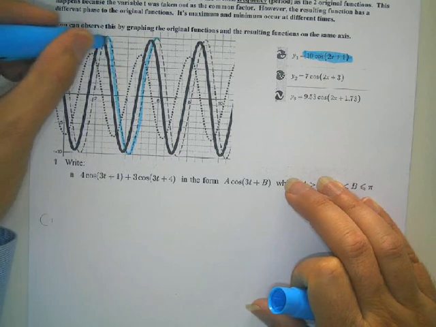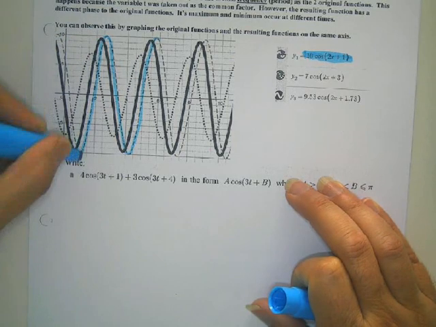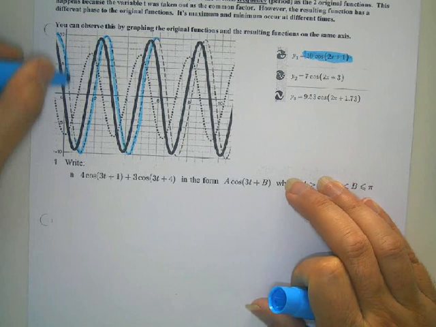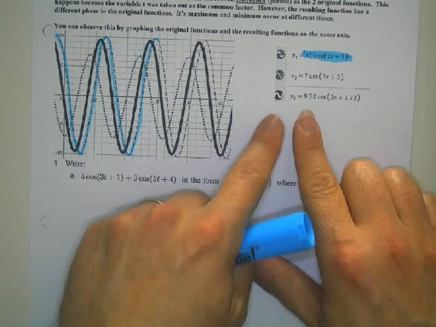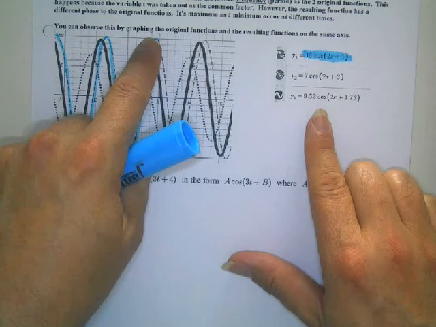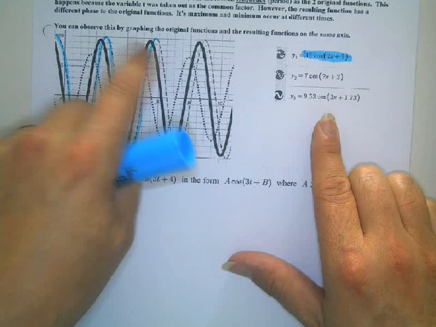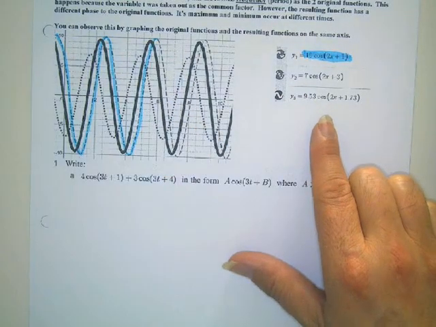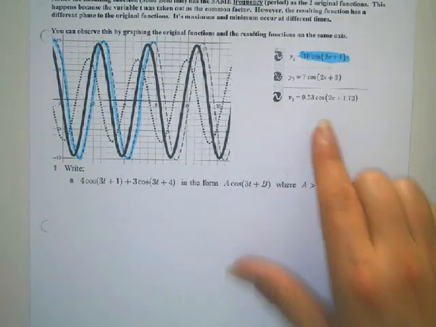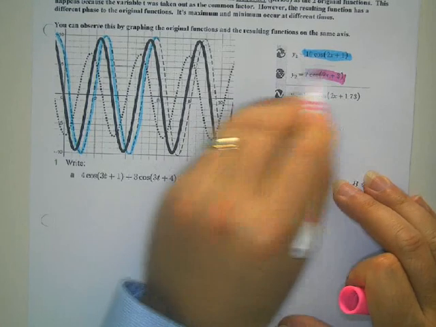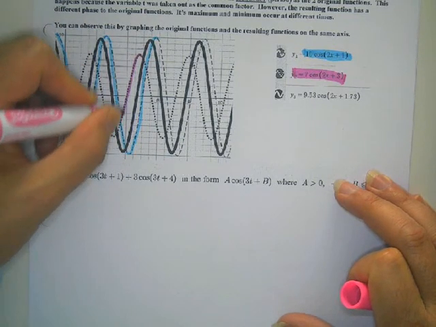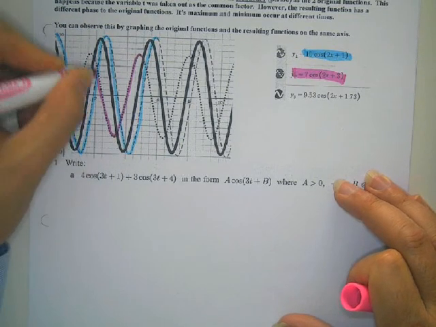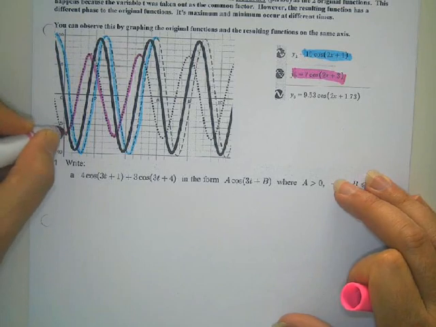You can tell it's got a greater magnitude, and this new one, the black one, is almost as high because it's 9.53. That's almost up to 10, and then the other one goes up to 7.